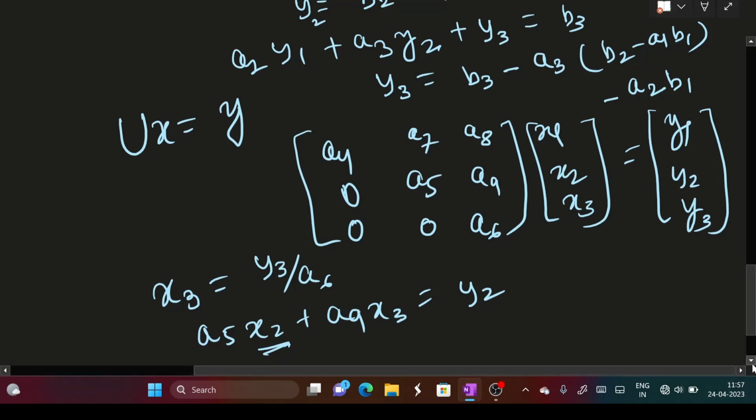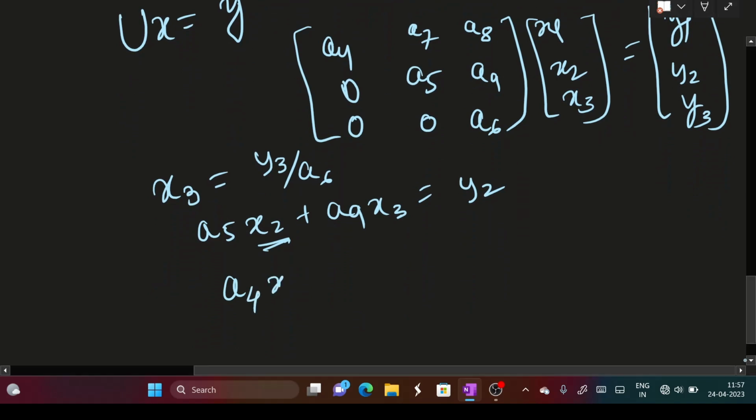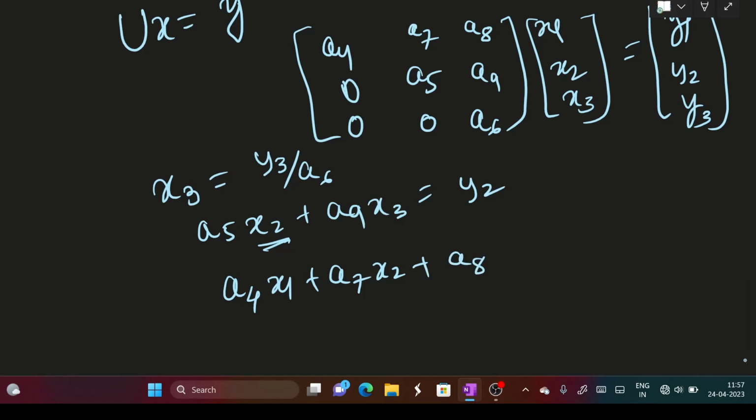From the first equation, a4 x1 plus a7 x2 plus a8 x3 is equal to y1. Substituting the known values, we get x1.